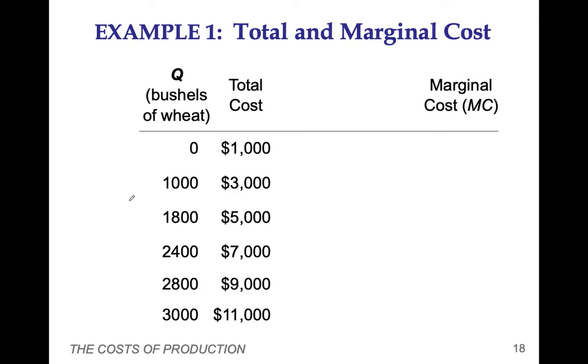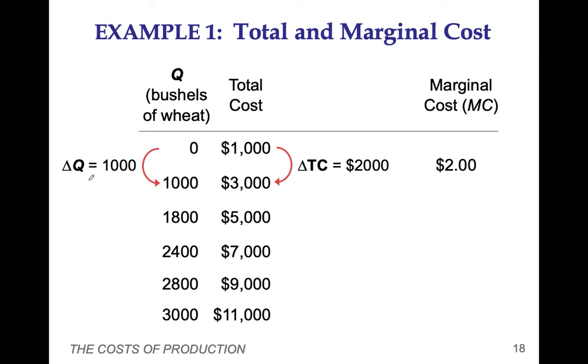So marginal cost is delta total cost over delta Q. Here, from 0 to 1000 bushels of wheat, delta total cost is 2000 and delta Q is 1000.